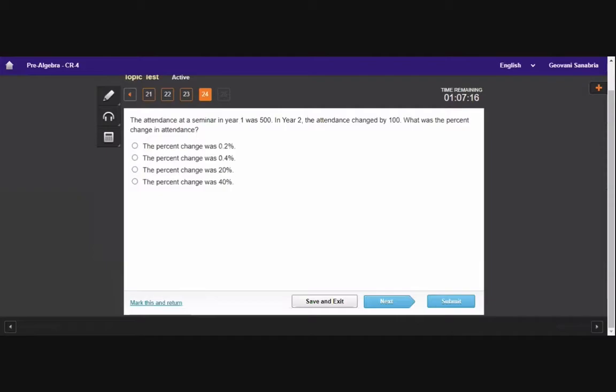The attendance at a seminar in year 1 was 500. In year 2, the attendance changed by 100. What is the percent change in attendance? So I think you could do, what percent change? Change by 100.